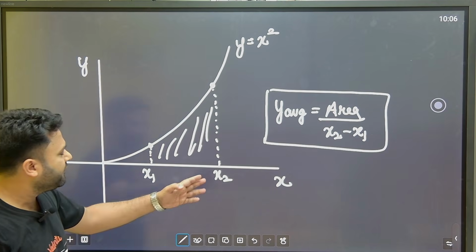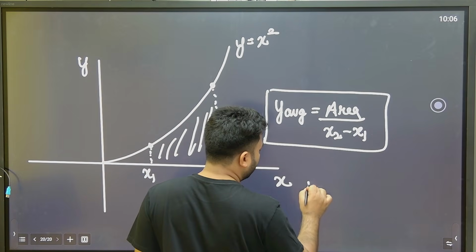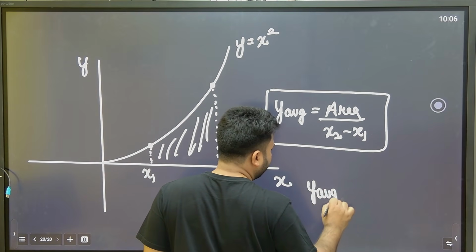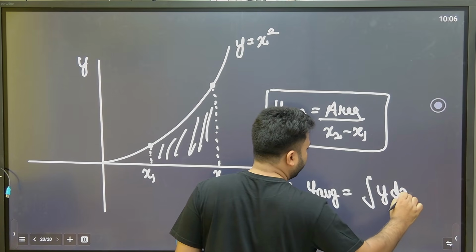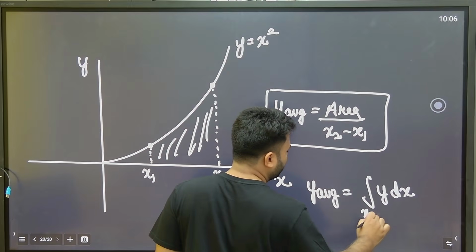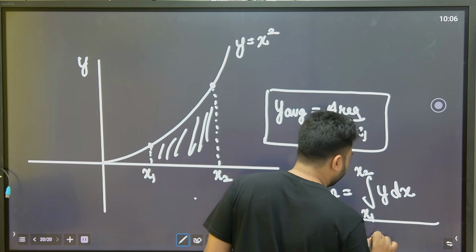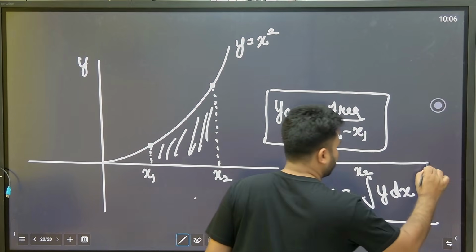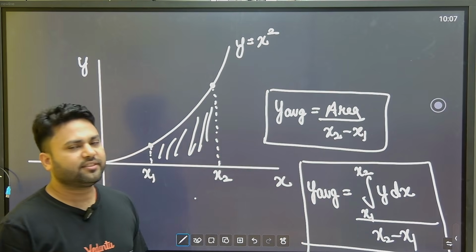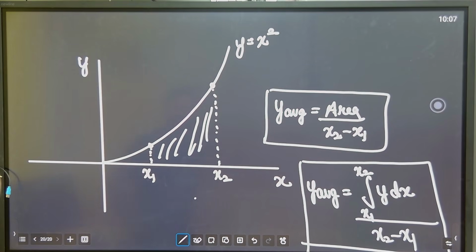What was the area under the graph? Integration of y dx from x1 to x2. This area divided by x2 minus x1 is the y average value.